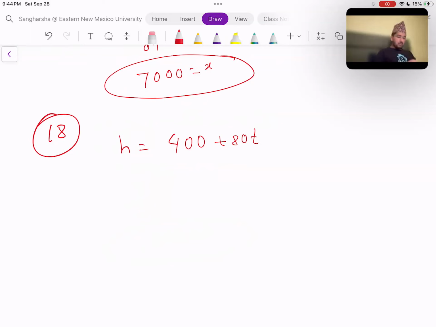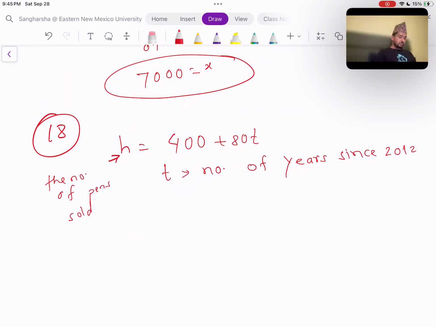T is the number of years since 2012. And this H represents the number of gift boxed pens sold. So this is what is given to us.